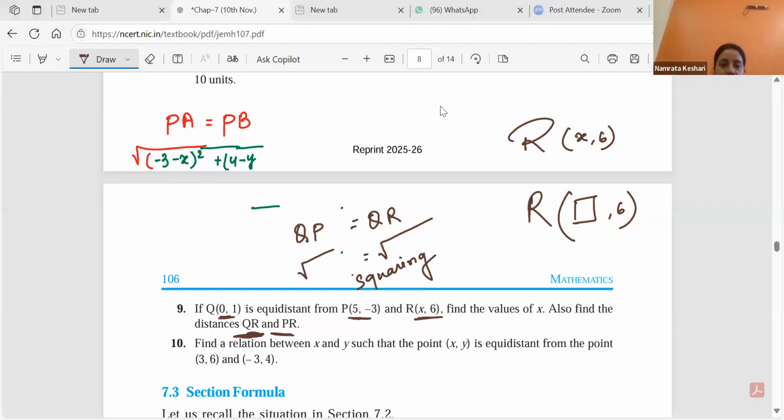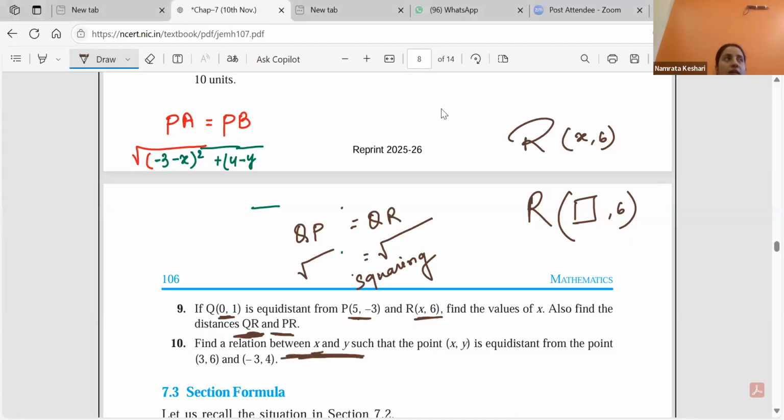We were discussing question 9 and 10. Question number 10 we have just covered. I was explaining to everyone that we have to find a relation between x and y, that means an equation containing x and y, such that the point is equidistant from this point and that point.